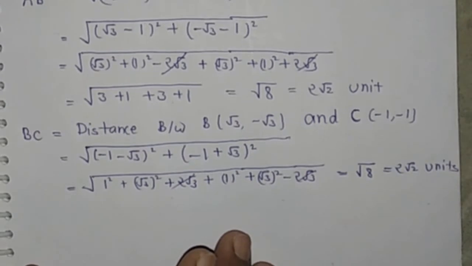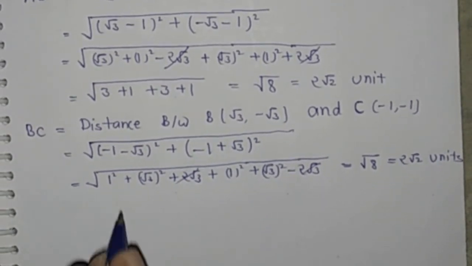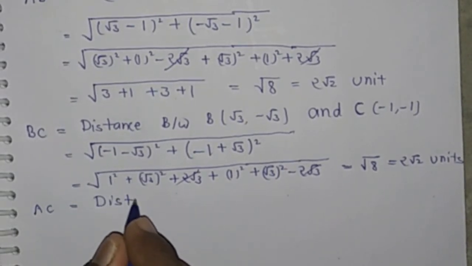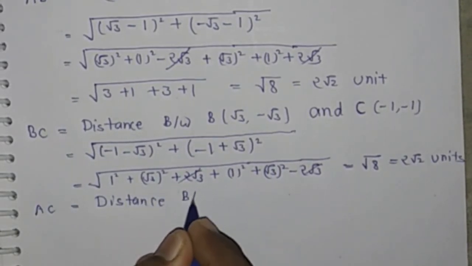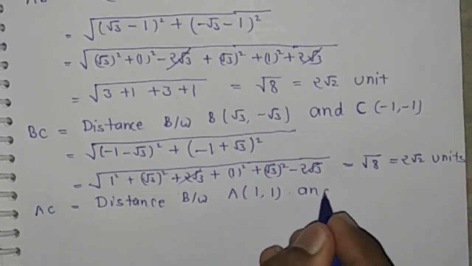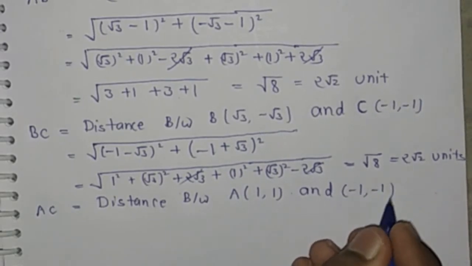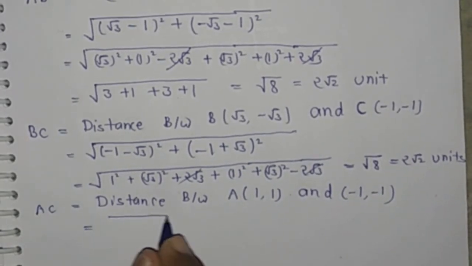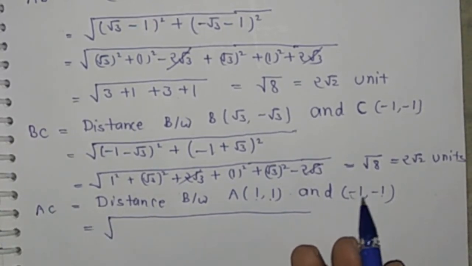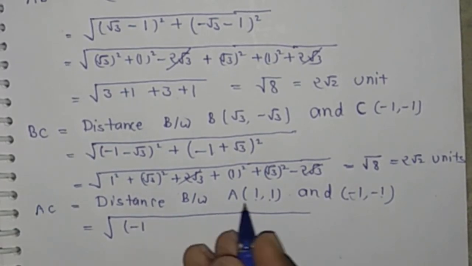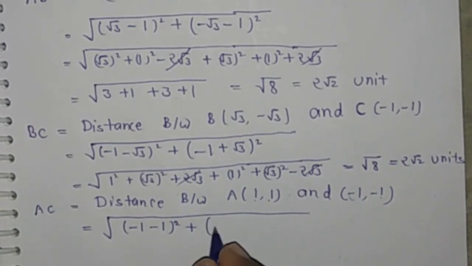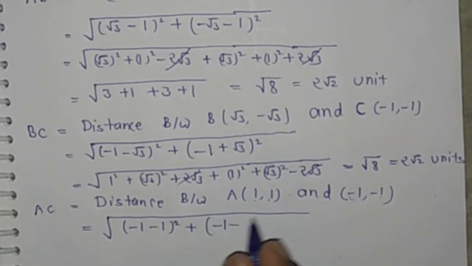AB and BC are equal. Now we have to show that AC is also equal for an equilateral triangle. Distance between A (1, 1) and C (minus 1, minus 1). Then x2 minus x1 is minus 1 minus 1, y2 minus y1 is minus 1 minus 1.